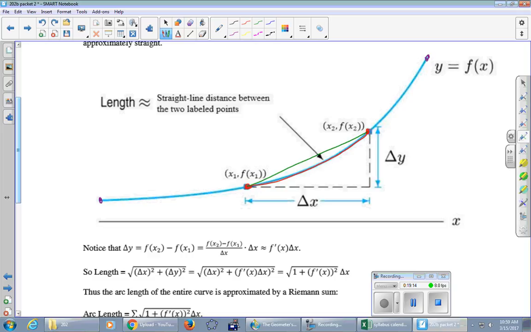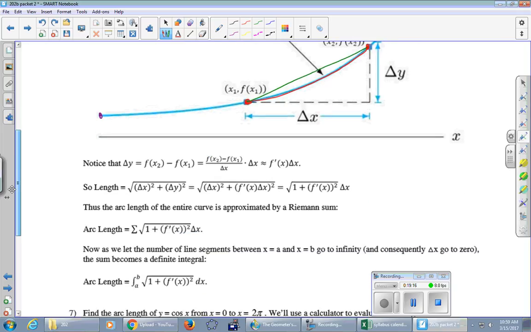Okay, so here's the derivation. Again, you don't need to write any of this down. We are going to call delta y this vertical change in y, and delta x the horizontal change there. So we've got a right triangle. We're going to use the Pythagorean theorem in a second. One small thing, would you guys agree that the slope of the tangent line at this point right here is not too far from the slope of green?